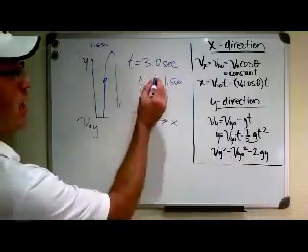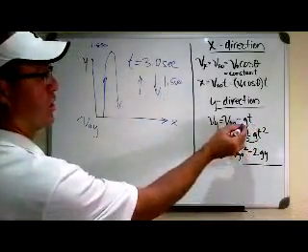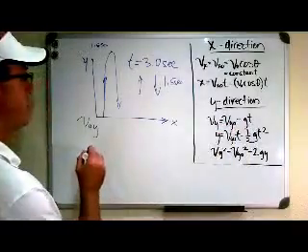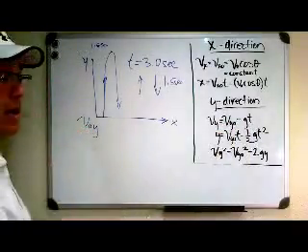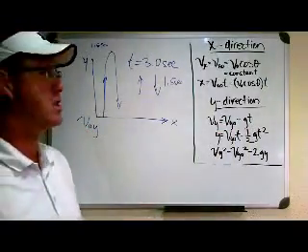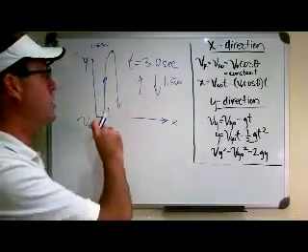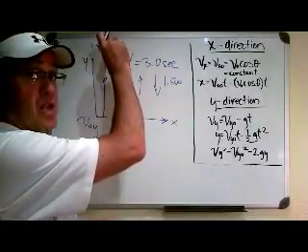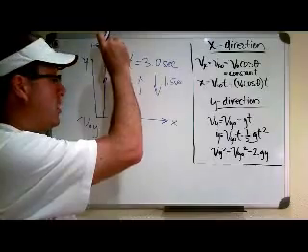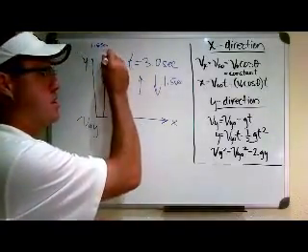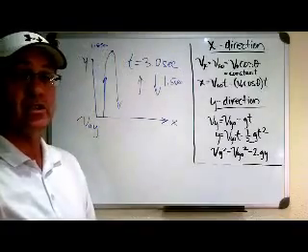Because now we have time, we know what gravity is, we just don't know what the velocity is when we threw the ball. However, we do know what the velocity is when it reaches the apex. Because once it goes up to the top, it stops under the force of gravity and comes back down. So at the top of its apex, the velocity is 0.